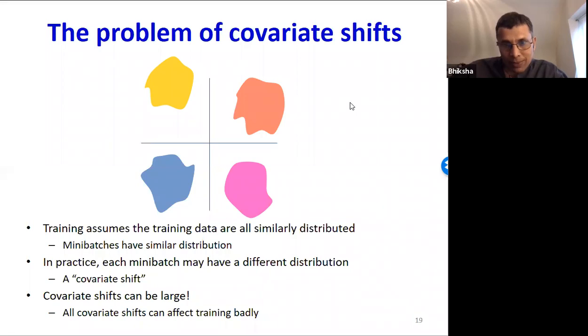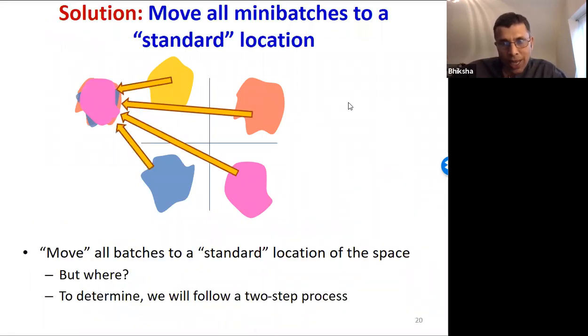So one solution to this is to shift every mini batch of the data back to a standard location so that now they all at least lie in the same region of the space. But then there are a couple of questions. Where exactly is the standard location? Because all you have are these mini batches, right? And secondly, how exactly do you shift each one of these mini batches? How do you estimate that?